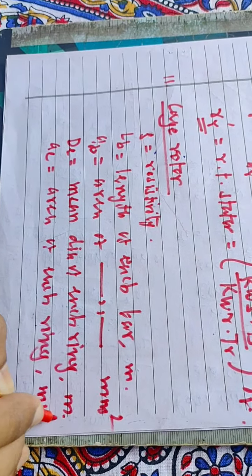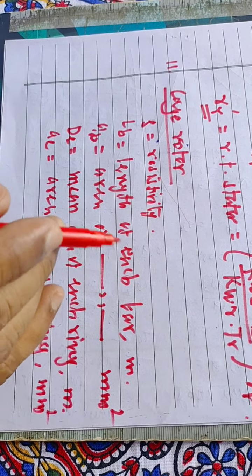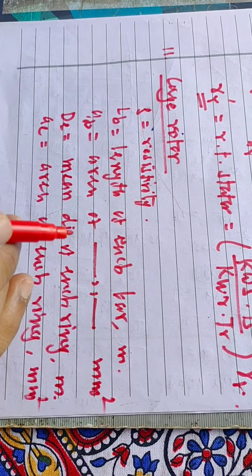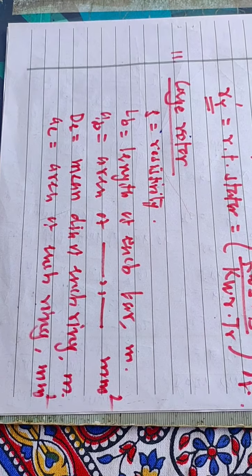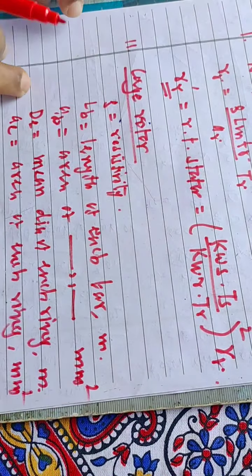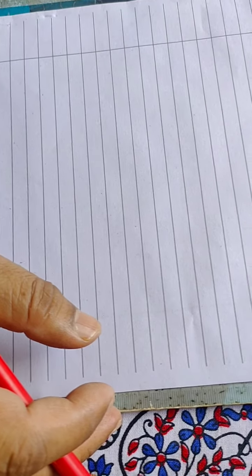As we know, in squirrel cage induction motor, rotor resistance is bar resistance plus end ring resistance. So we have to determine the bar resistance. At the same time, we have to determine the end ring resistance from their physical dimensions, and then add them to get the total resistance of the rotor.